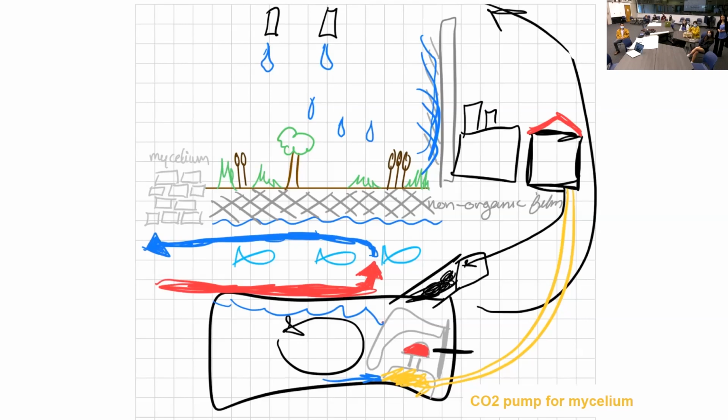And the mycelium can serve as an insulator, and it can also serve as a brick. So not only can it aid in the water purification process, but it can also be used as a natural insulator in brick form. There's a non-organic film here because obviously a tree can't sustain itself sitting on a big pool of water.